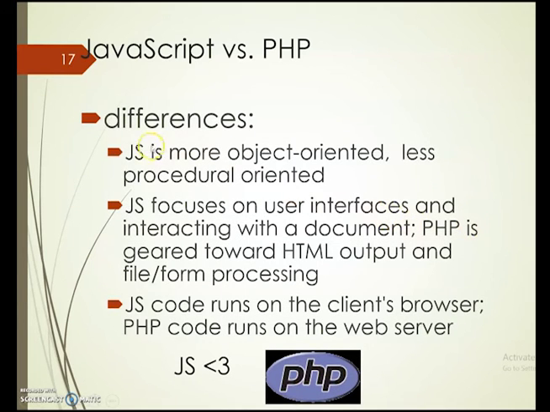Differences: JavaScript is more object-oriented, less procedural-oriented. JavaScript focuses on user interfaces and interacting with documents. PHP is geared towards HTML output and form and file processing. JavaScript code runs on the client browser. PHP code runs on the server side.